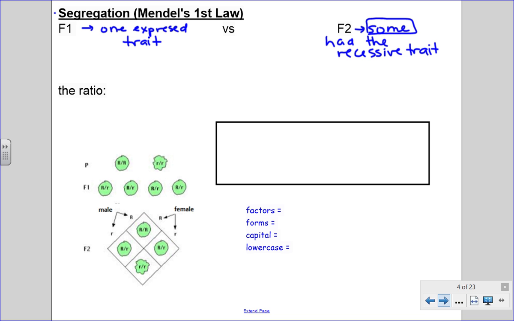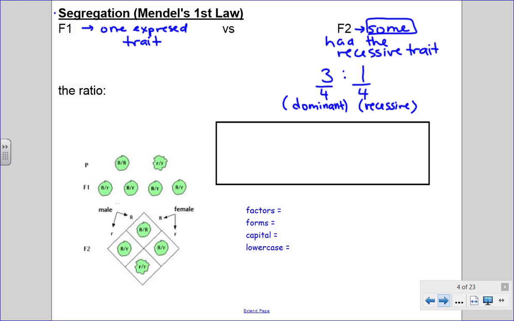Now I say some, not a lot of them, not most of them, just some of them. In general, in the F2 generation, the ratio is 3:1, and this is the ratio that you will see very frequently. That means 3 out of 4 and 1 out of 4, because there would be 4 total. But that means that for every 3 that showed the dominant trait, there would be 1 that showed the recessive trait.